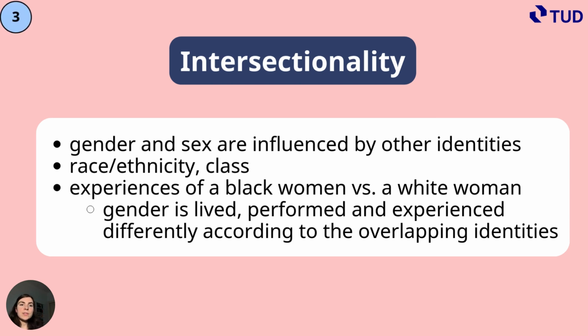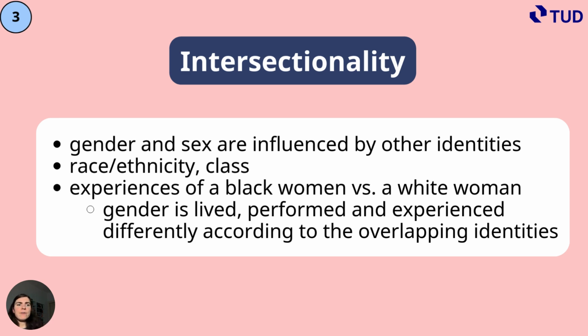Another important concept is intersectionality. This claims that gender and sex are influenced by other identities. For example, gender and sex overlap with race, ethnicity and class. So the experience of a black woman versus a white woman would be completely different because of this overlap of ethnicity or race with gender and sexuality, because gender is lived, performed, and experienced differently according to those overlapping identities.